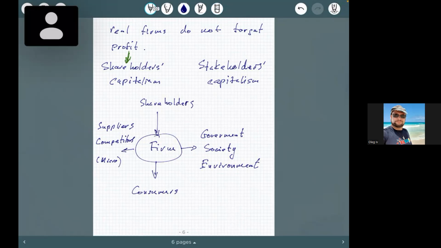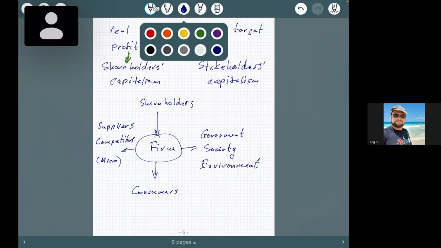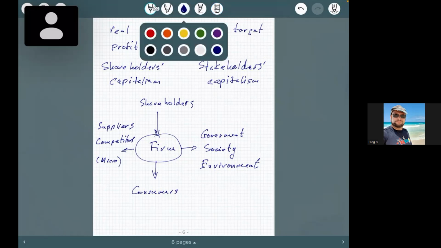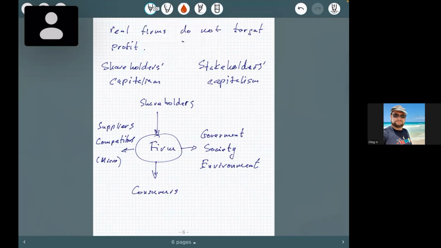And this is the goal. So let's not use nice green color for this, guys, as in general, we are not much fond of shareholders capitalism. That's why we're gonna use little orange here.